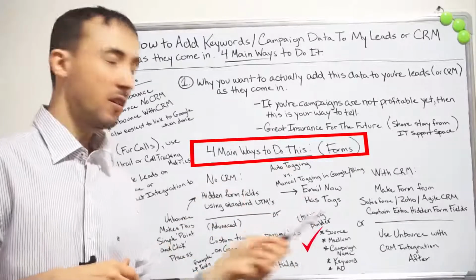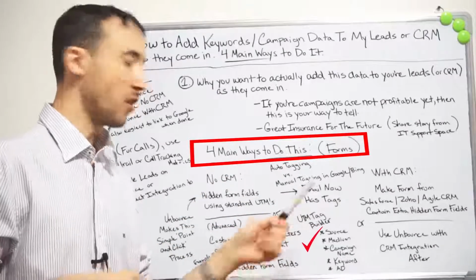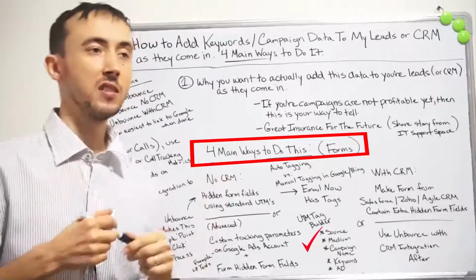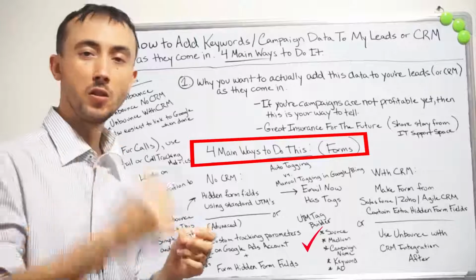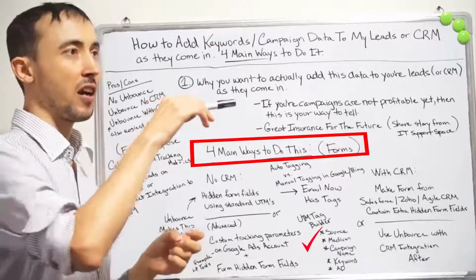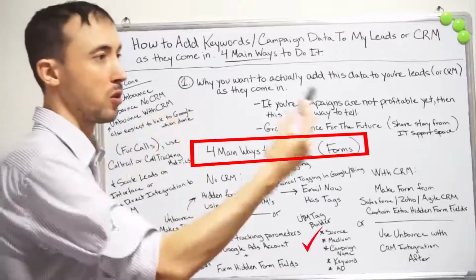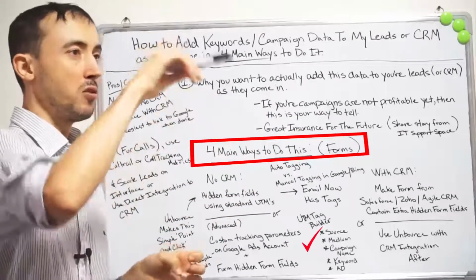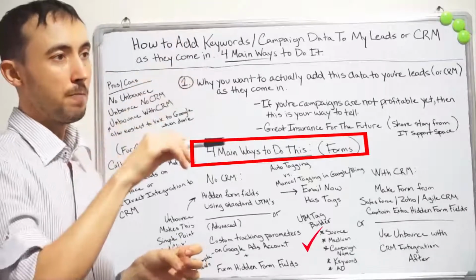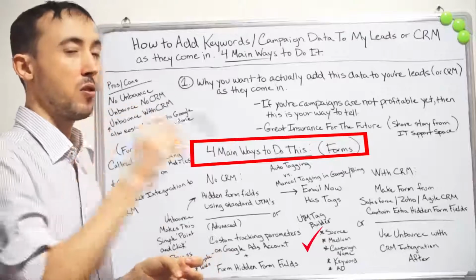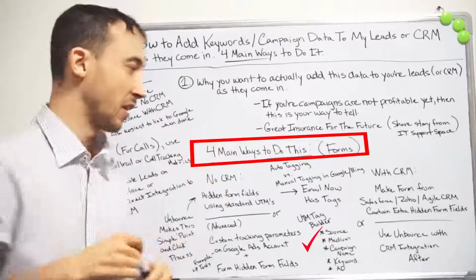Manual tagging is more of an advanced setup. It uses what are called UTM parameters. At the end of the URL, instead of letting Google customize it for you, you put UTM_ landing page, and then you can have other data being collected.